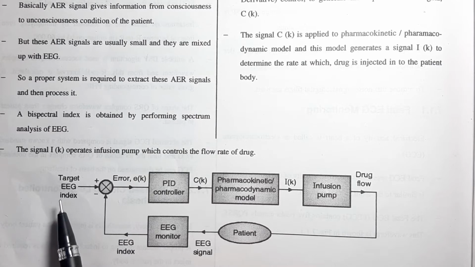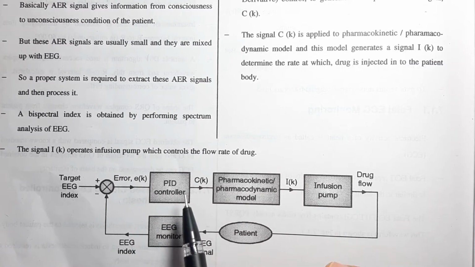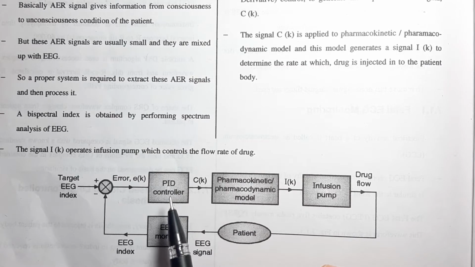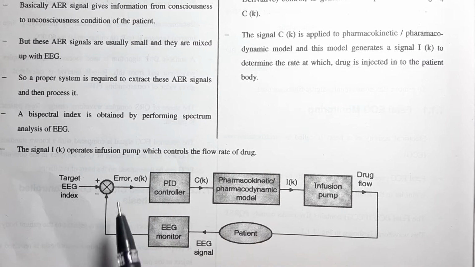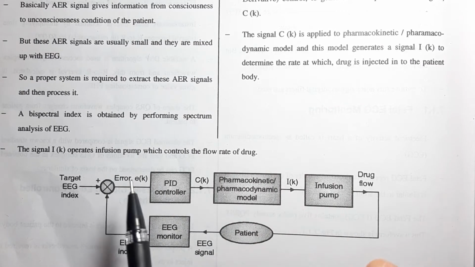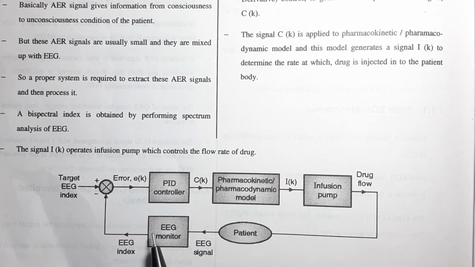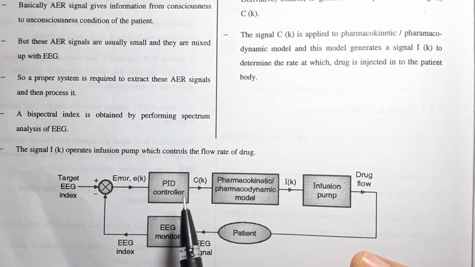Now, the EEG monitor produces the EEG index, which is nothing but a bispectral index, and it gives a measurement of the drug induced in the patient body. This EEG index is used as a feedback signal, and it is compared with the target EEG index. The target EEG index is a standard value which is determined by considering many biomedical factors.